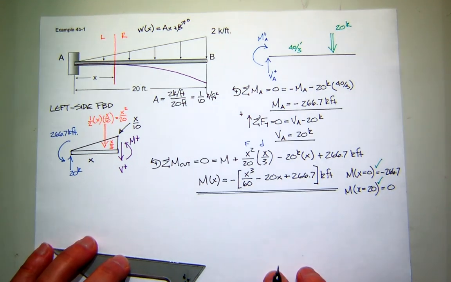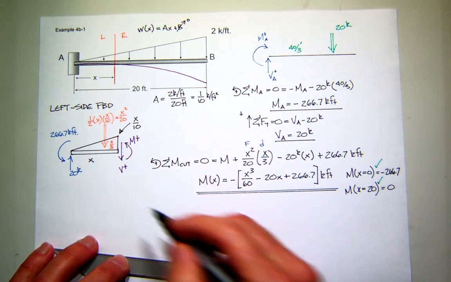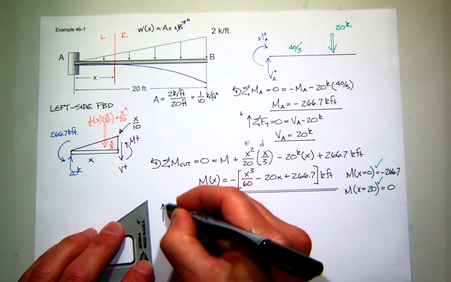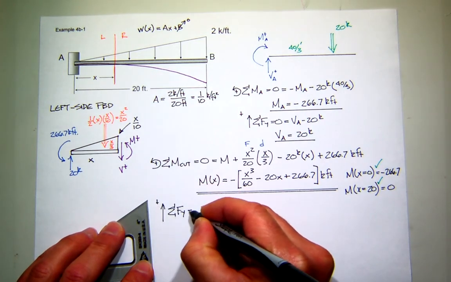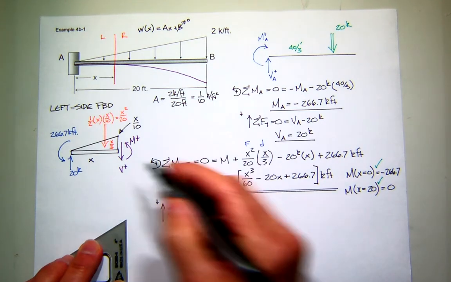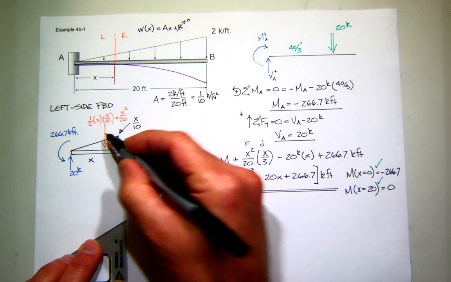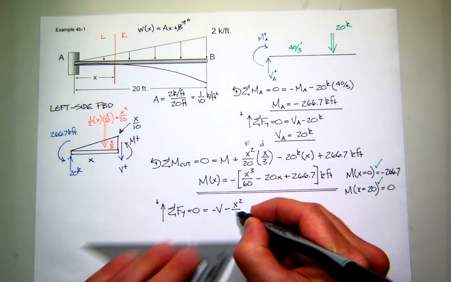Okay? So how do we find the shear force as a function of x? Sum forces in the y direction. Make sure they're in equilibrium. I'll assume up is positive. So my shear force here is down, negative shear. My applied force is down, x squared over 20.